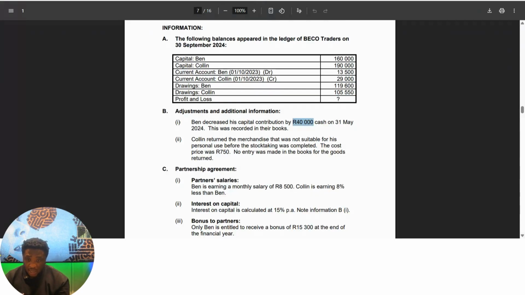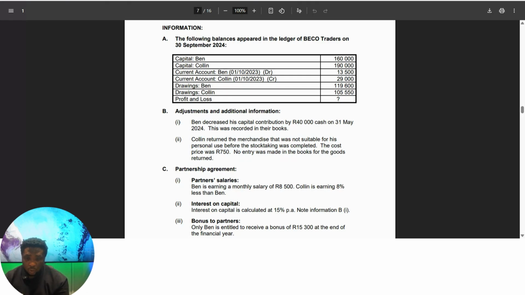Okay. Then the next interest on capital that we need to work out is that one of Colleen. So Colleen, 190,000 is given. Let's look at this information quickly. So there's no information, number one, that says she changed her capital, but it says Colleen returned merchandise that was not suitable for his personal use before stock taking was completed. The cost price was 750. No entry was made in the books. Okay, this has to do with drawings, in terms of if you draw some stock from the business, then in that case it would be a drawing, which we consider last.